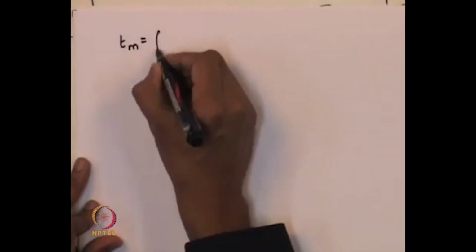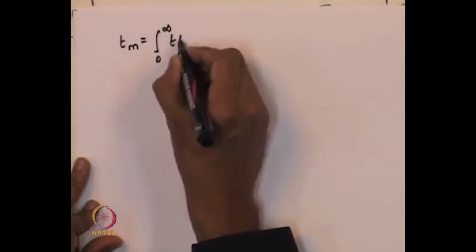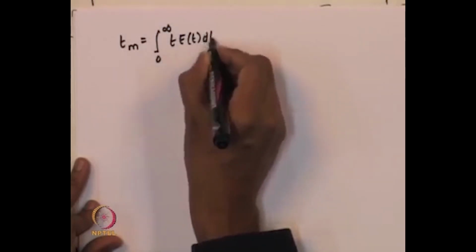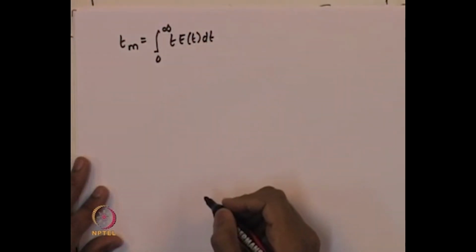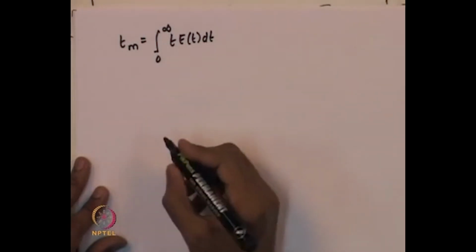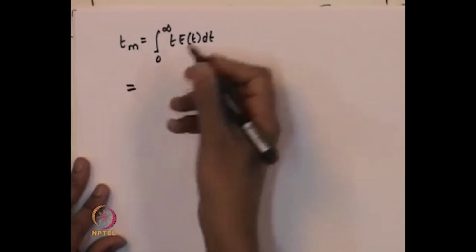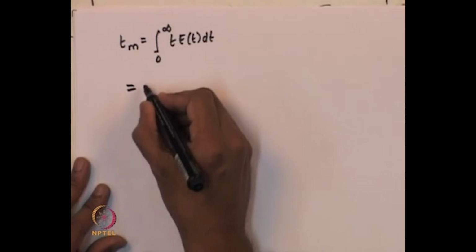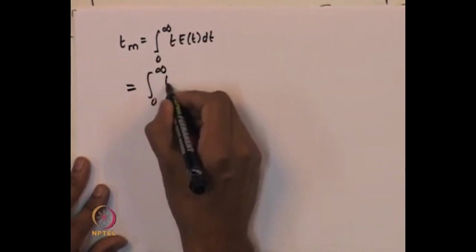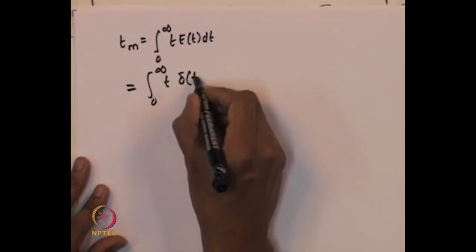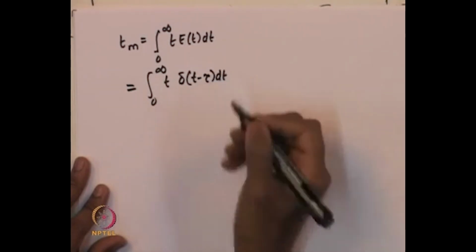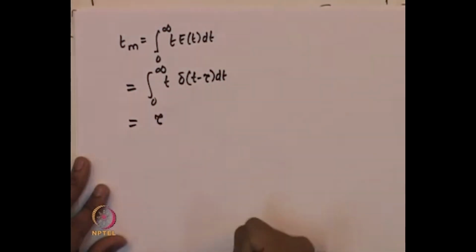Now let us calculate the mean residence time for this RTD curve. The mean residence time T m is given by the integral from 0 to infinity of t into E of t dt. That is the definition of the mean residence time in terms of the RTD function. Plugging in the E curve for the plug flow reactor, it is the integral from 0 to infinity of t into delta of t minus tau dt, and that is nothing but tau itself.